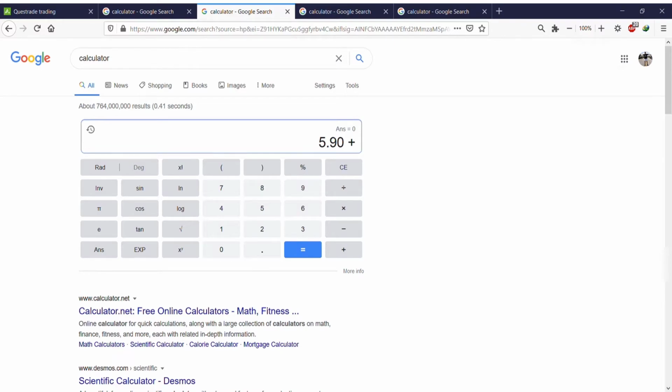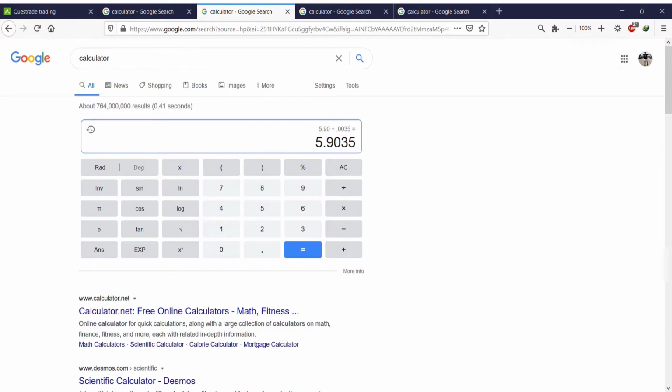So I'm gonna add 0.0035, equals 5.9035. As simple as that. So that is how you can calculate how many shares.